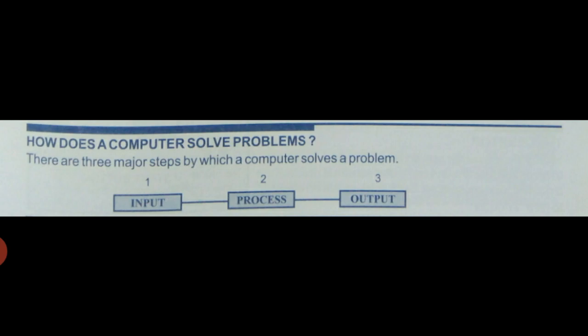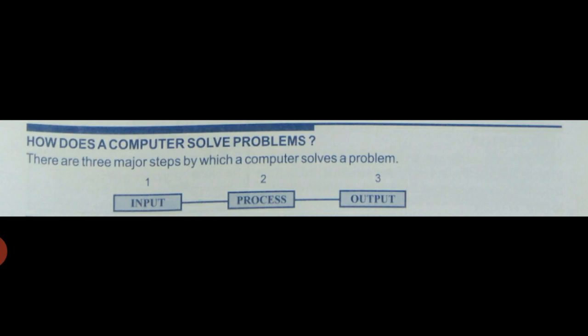A simple example I would like to give. Suppose you have opened the Excel application. In Excel you have entered 10 in one cell and 20 in another cell. Means you have given two inputs, that is 10 and 20. Now you have to write the formula, that is the process.